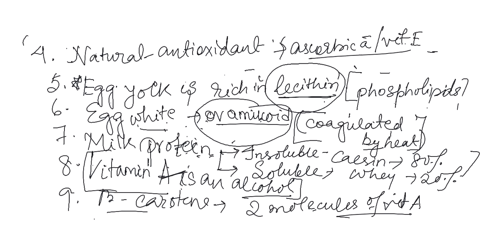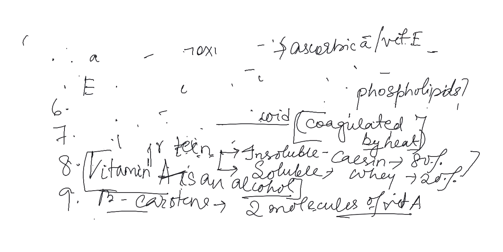Then the next point we will be dealing with is milk protein. What is the milk protein consisting of? And the next part is vitamin A and beta carotene. Then we will come to the next questions, that is from 10.